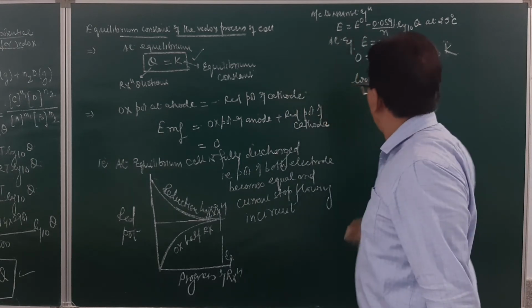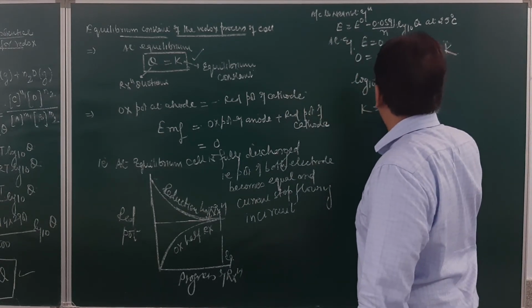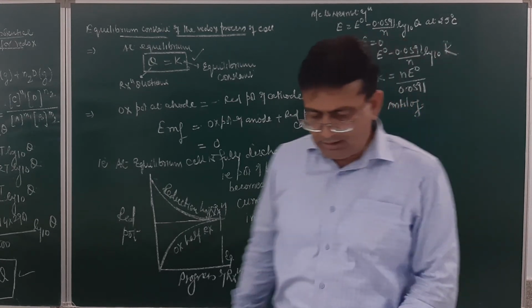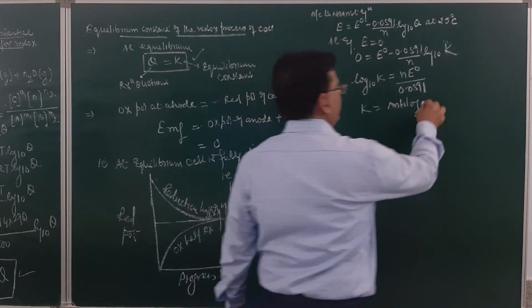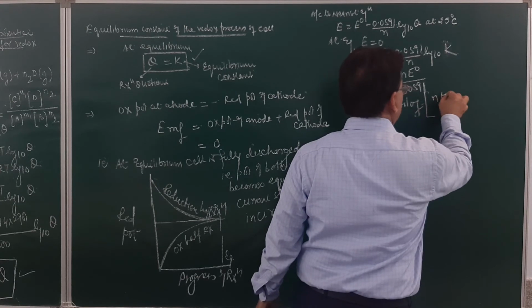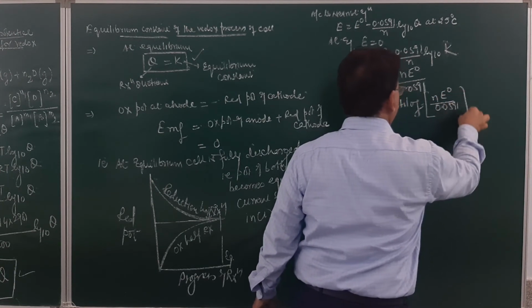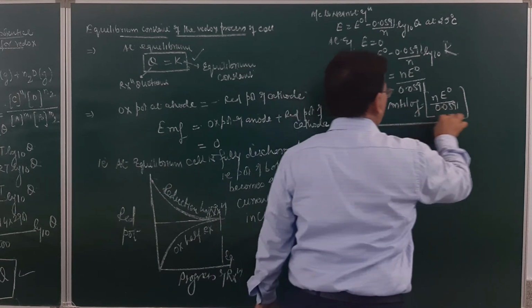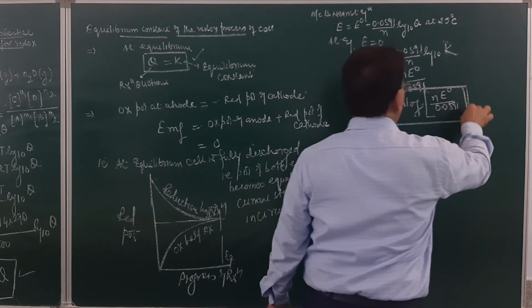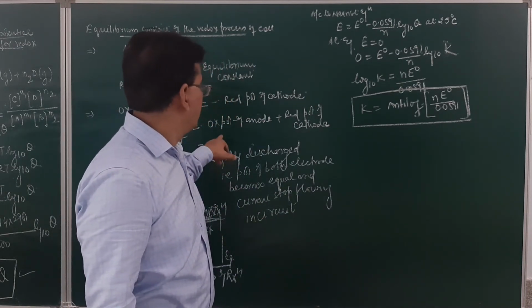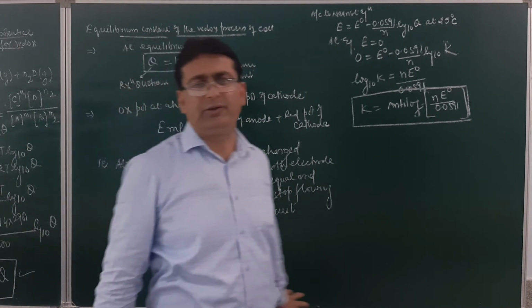Or K will be equal to antilog of n into E naught upon 0.059. Remember this formula to find out the equilibrium constant.